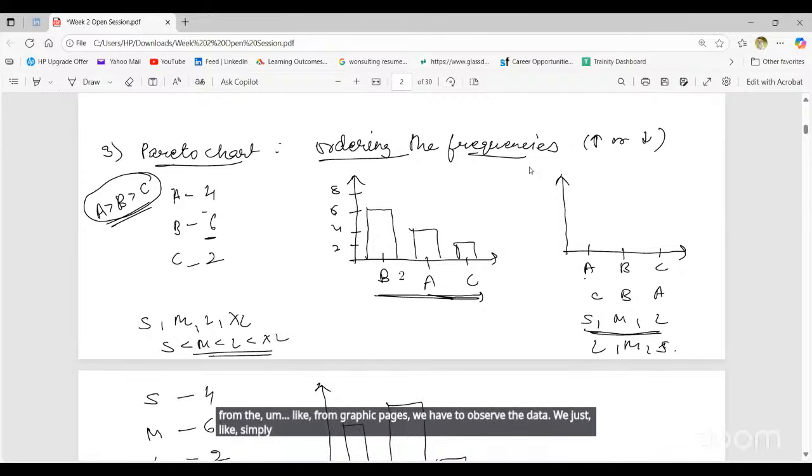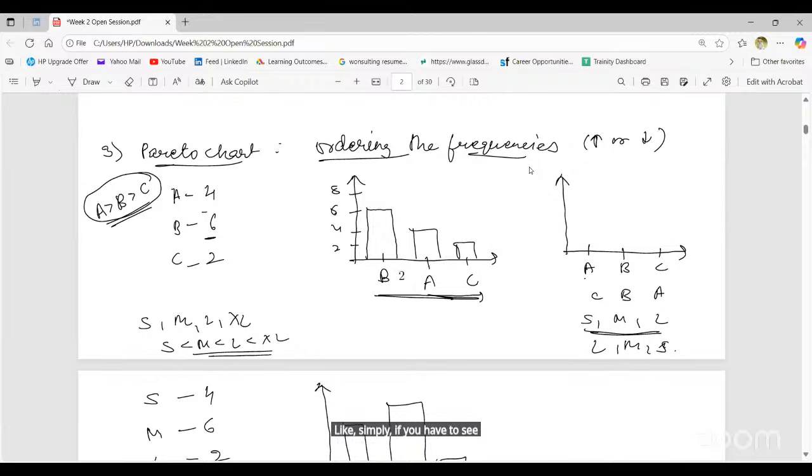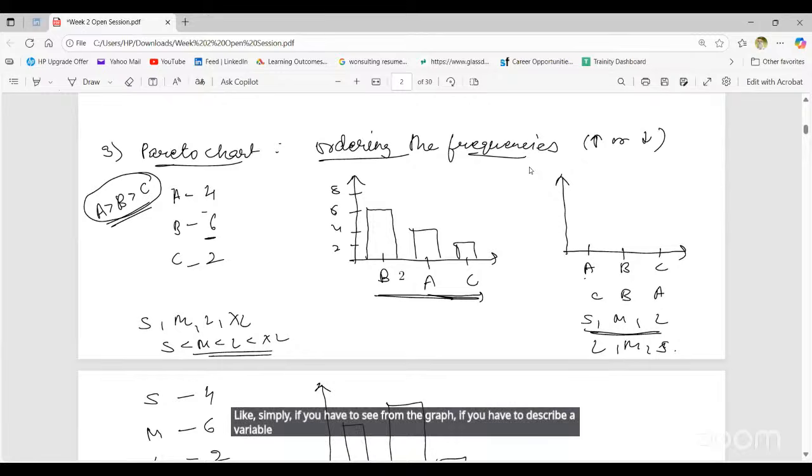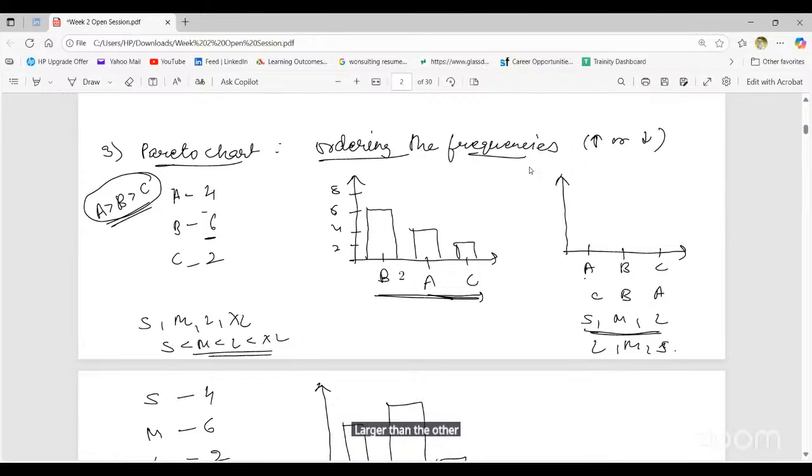We can simply say that the frequency of B is higher than A and the frequency of A is higher than C. If we have to describe a variable, the Pareto chart is much easier, because then we get to know whose frequency is larger than the other data. That is why the Pareto chart is helpful.